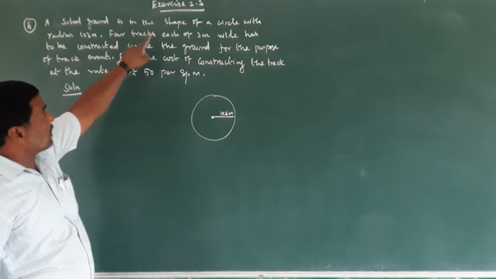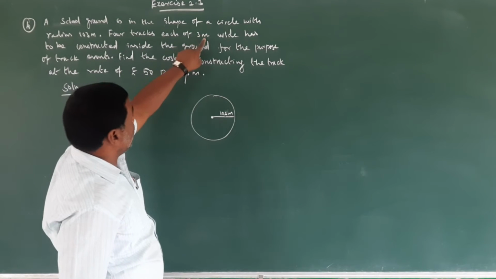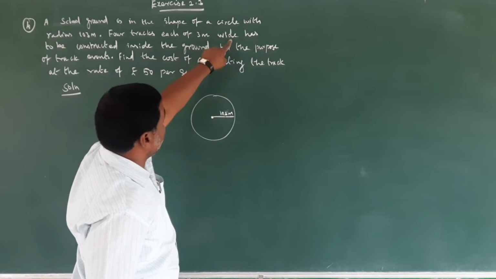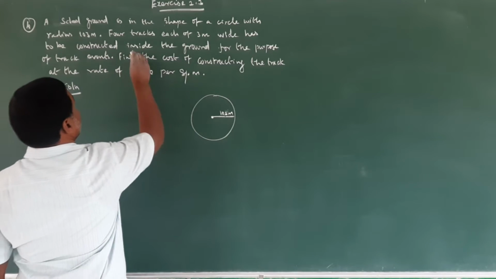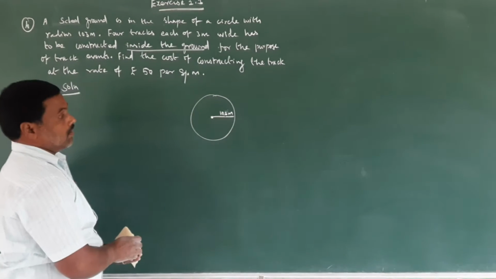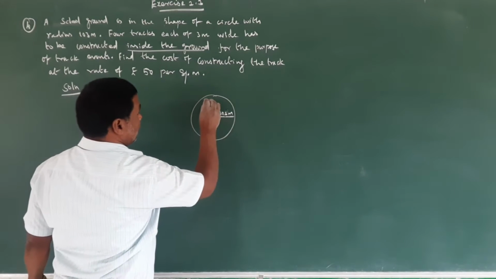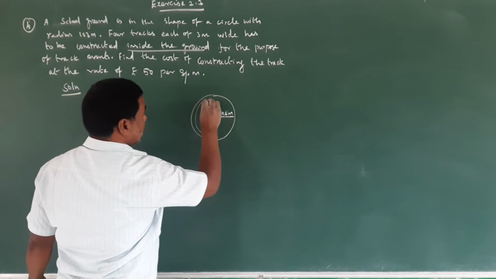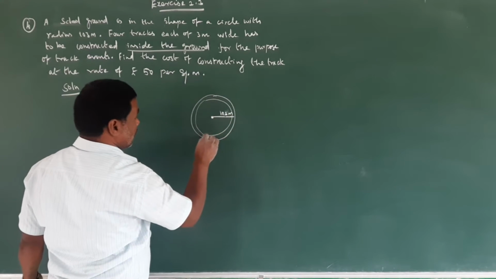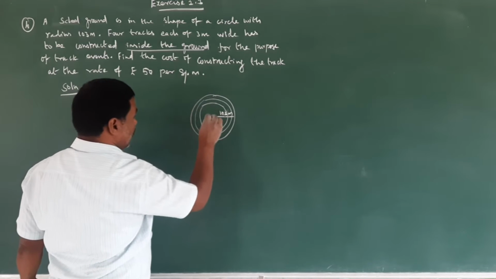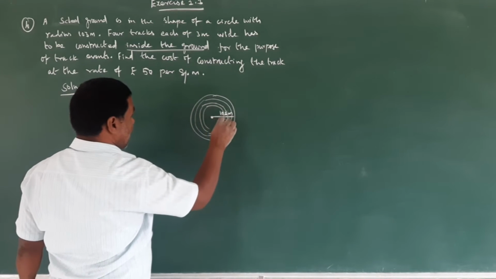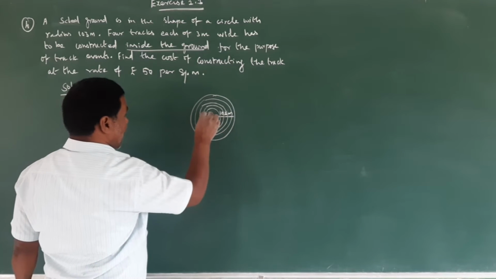Second, the 4 tracks, each of 3 meter width, have to be constructed inside the ground. The 4 tracks: track 1, track 2, track 3, track 4.